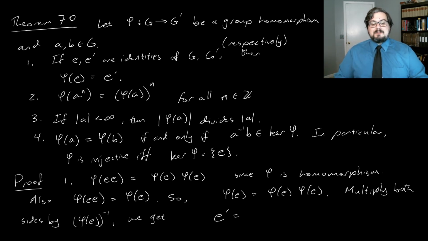And on the right, the phi of E inverse will cancel with one of the phi of E's, which will give us phi of E. And so we get exactly what we want there. Part 2 we can handle in 2 steps. The first step is to handle the non-negative n's, and then we'll handle the negative n's. So for part 2, we want to show that phi of A to the n is equal to phi of A to the n.